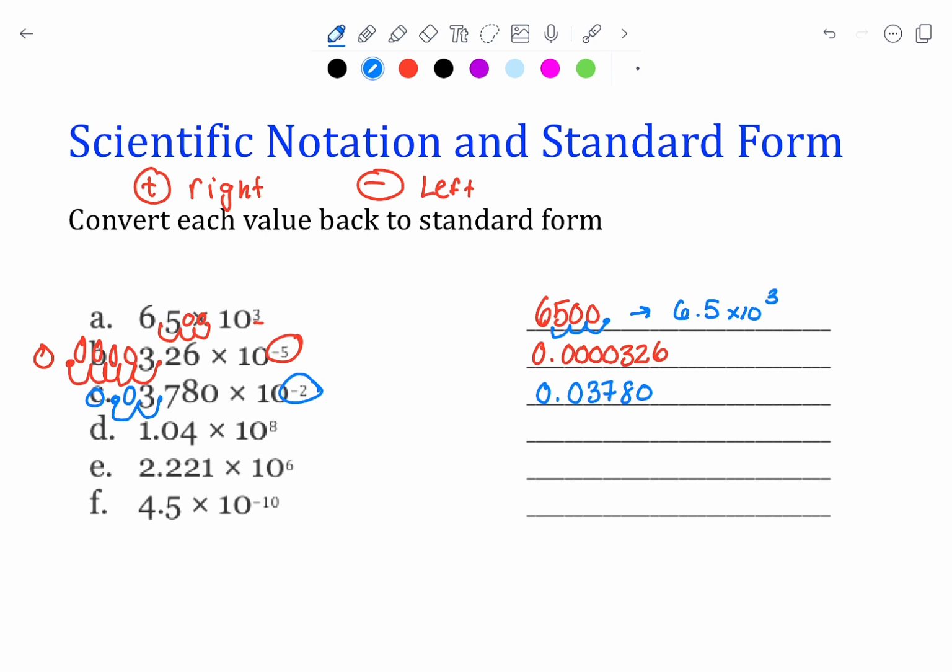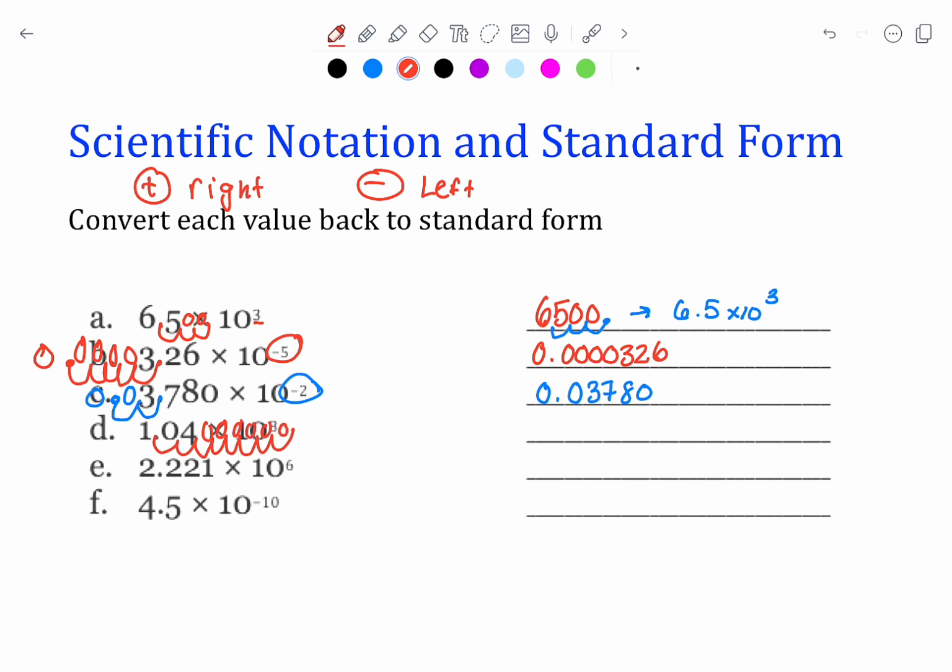Okay? So we can always double check our work. Now pause the video and try these last ones on your own. For D, we have 1, 2, 3, 4, 5, 6, 7, 8. Right? 1, 2, 3, 4. 0, 0, 0, 0, 0, 0.